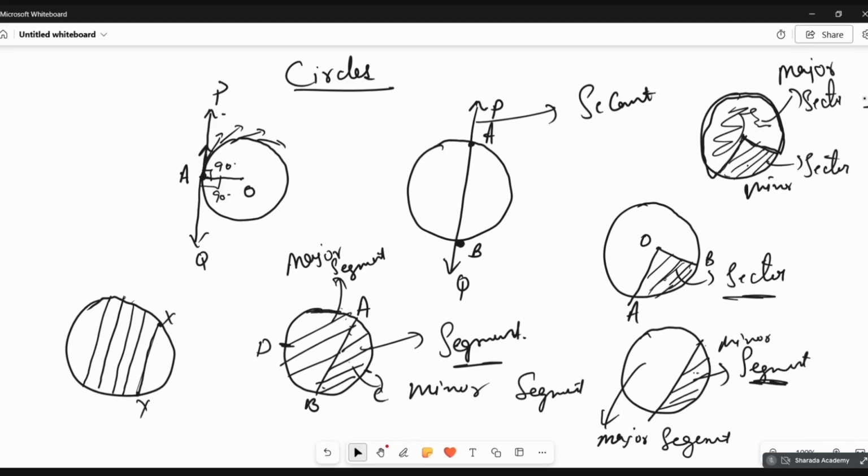Another thing: the tangent and the radius of the circle at the point of contact make an angle of 90 degrees. See, this is a tangent at this point.